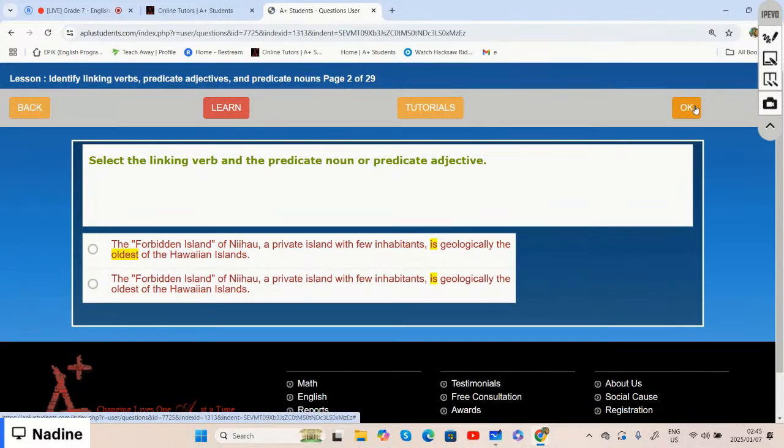The next one says the forbidden island of Nihau is a private island with few inhabitants. Is geologically the oldest of the Hawaiian islands, or is it option two?